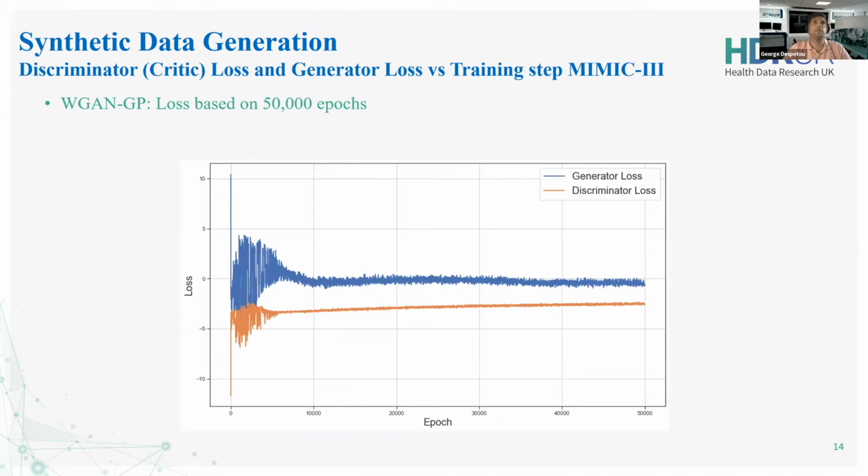This is the visualization of the loss function. In theory, the generator loss and discriminator loss should converge and reach an equilibrium where the generator produces data and the discriminator cannot tell if the data are fake or real. This may seem like an obvious thing to do, but when we tried the different network configurations and the different GAN implementations, we got all sorts of different loss functions.